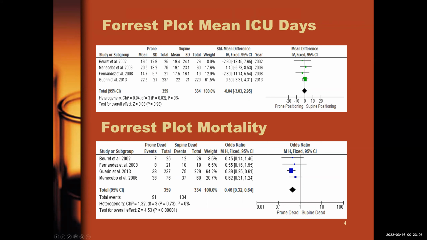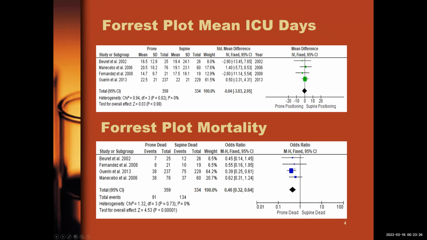So for our forest plots here, we can see that for mean ICU days, there wasn't anything statistically significant occurring. If we go down to our forest plot for mortality, though, we can see that it favors prone positioning. We can see that it is statistically significant when we look at prone positioning, and that's due to Urine and others.